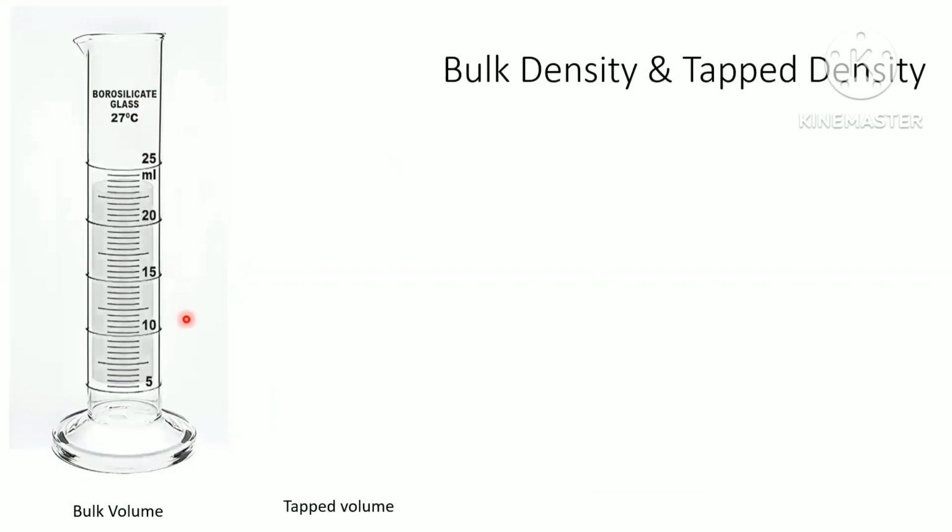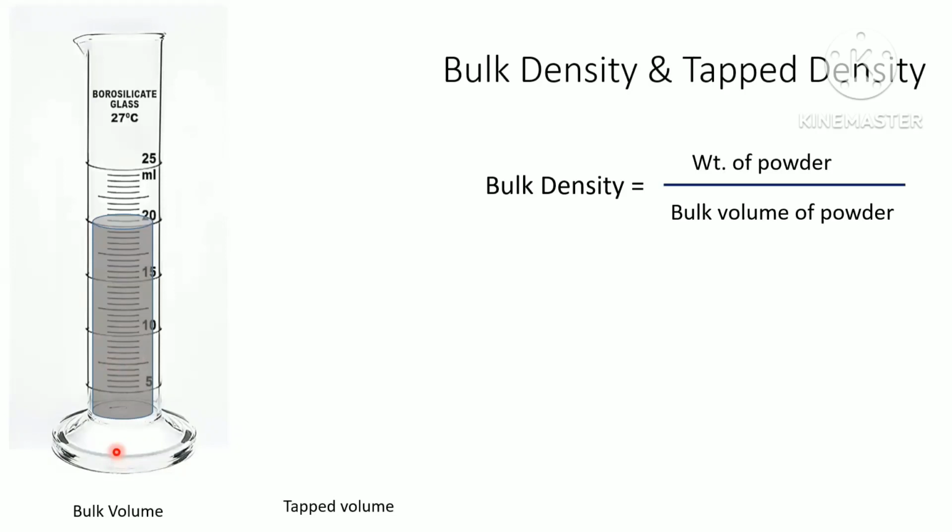In that we add a small quantity of powder, say around 20 gram. Whatever volume is occupied by this powder sample is known as the bulk volume. To calculate the bulk density, we can use this formula: bulk density is equal to weight of a powder divided by the bulk volume of that powder.